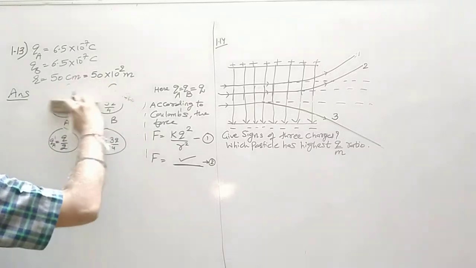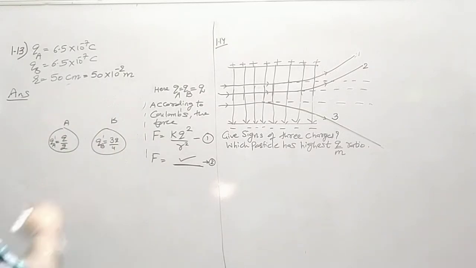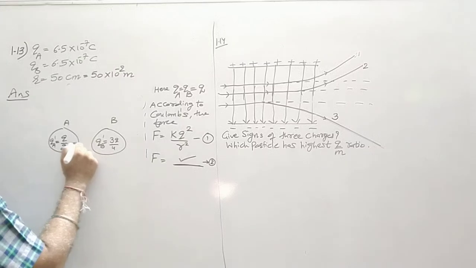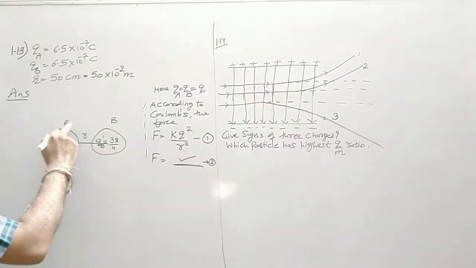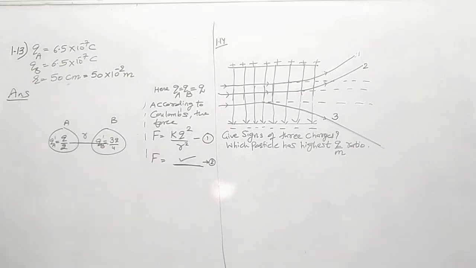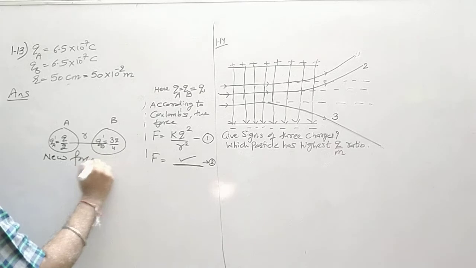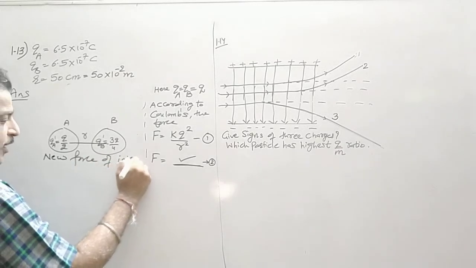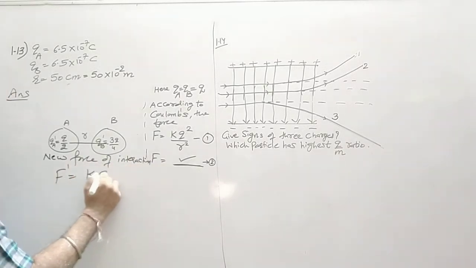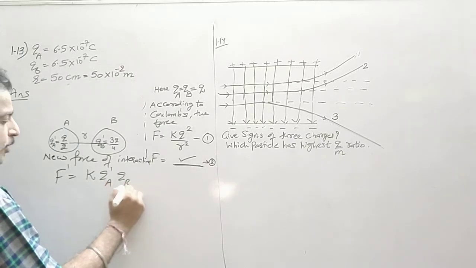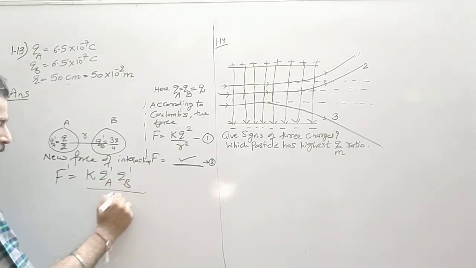Now C is removed, and B is kept at a distance R from A. Now the new force of interaction, so it is F dash. So F dash is equal to K QA dash QB dash upon R square.